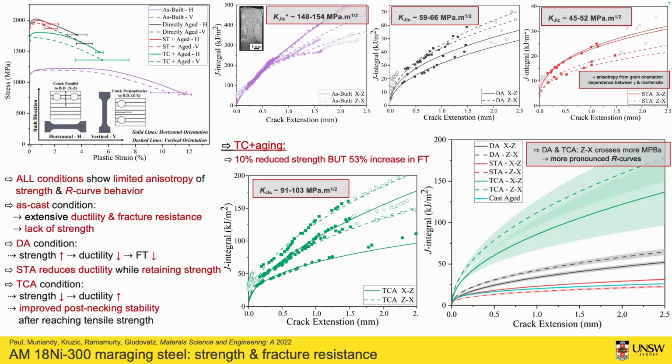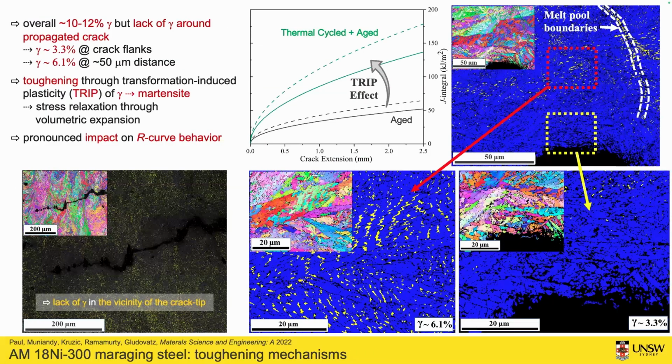So what is causing this significant increase in fracture resistance that we see for this material after thermal cycling? For that, we again looked in the interior of the sample at the vicinity of the crack. What we have to remember is that we have overall 10 to 12% retained austenite in this material. Once we get closer to the crack flanks and the path of the propagated crack, we see that there is not a lot of retained austenite.